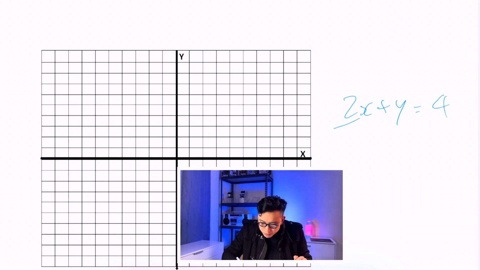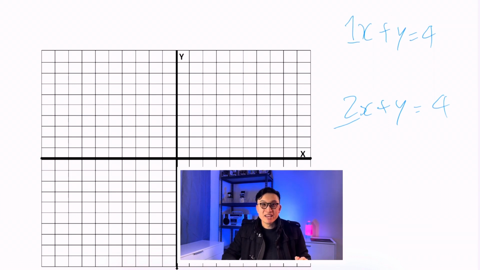If the question was written as x plus y equals 4, that is still a diagonal line because the coefficient in front of x is 1. So the only time it will not be a diagonal linear line is when the coefficient in front of x is 0, and therefore you wouldn't even see it because 0 times x is 0. So let's go back and focus on 2x plus y equals 4.